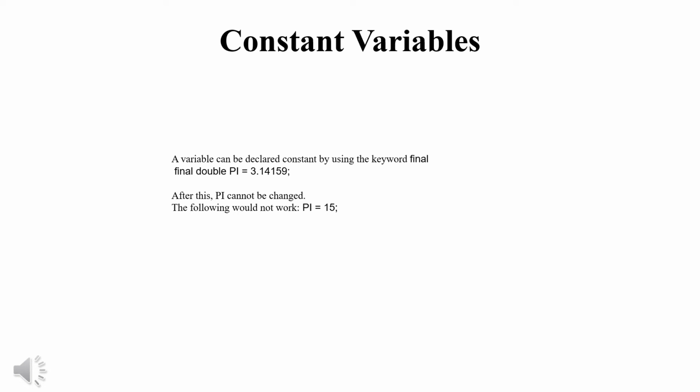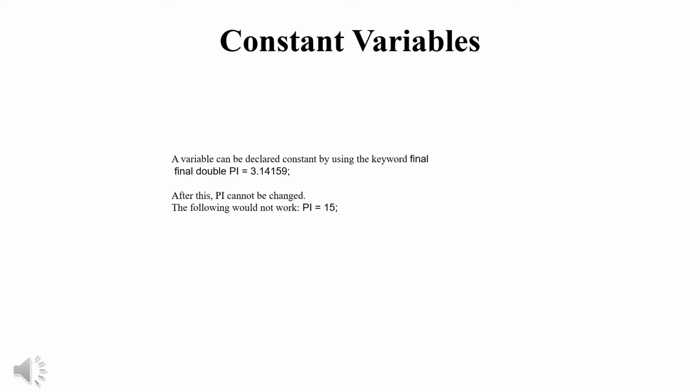So how can you create a constant variable and what is the appropriate reserved word for constant? If you remember in C++ or C, to declare a variable to be constant, we use const, right? But here in Java, the appropriate word is final.